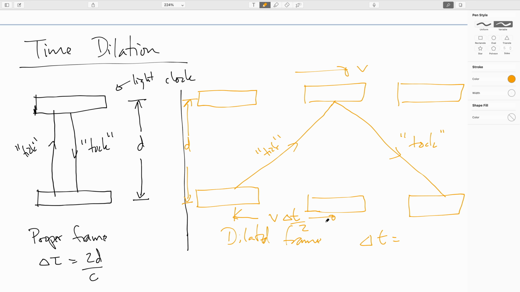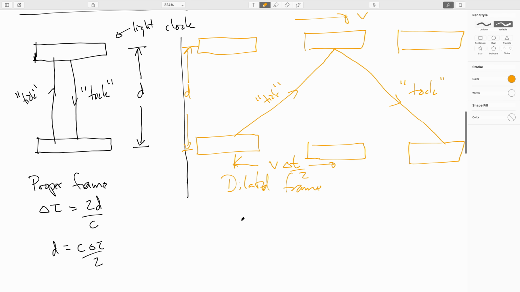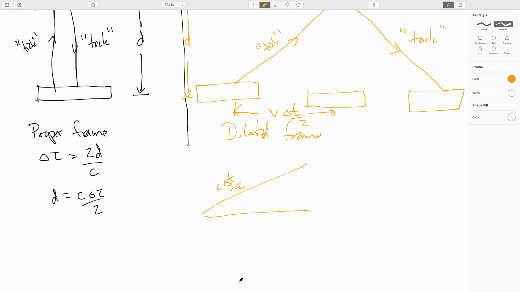let me back up. So let's focus for just a moment on this triangle here. This here is the path that the light took on the tick. It's going to travel c delta t over 2. This horizontal leg we worked out was v delta t over 2.